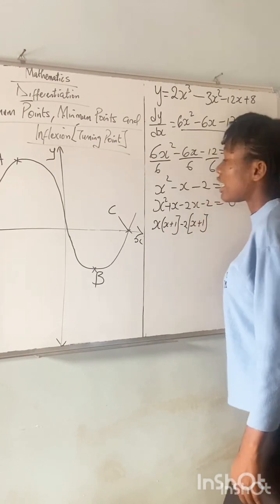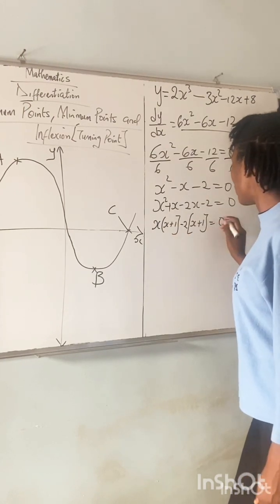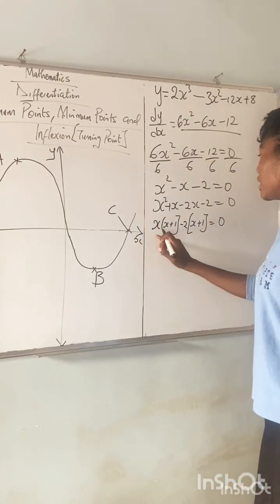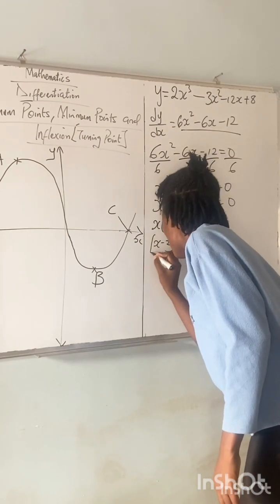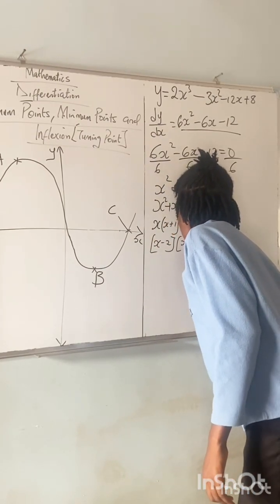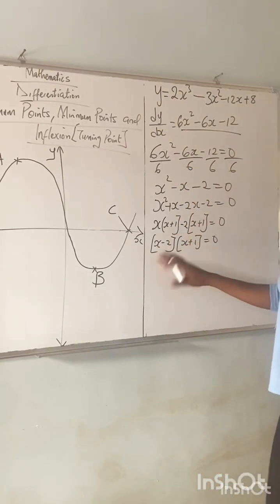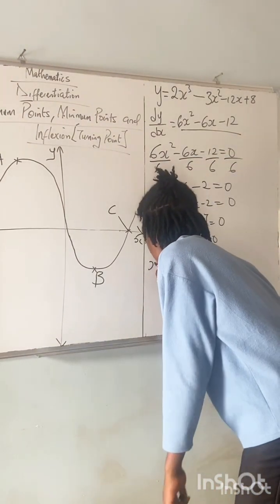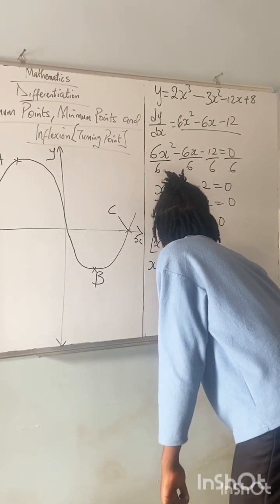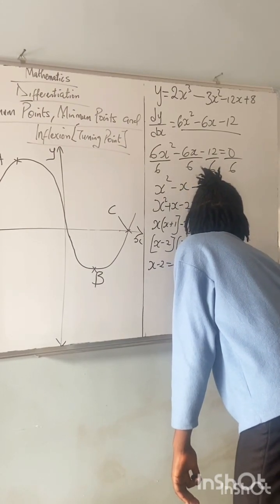So this proves that our factors were correct, in that what we have in our bracket must be the same. Mind you, it is equal to 0. And then we'll solve. So we have x minus 2 times x plus 1 equal to 0. For this multiplication, like I said, it means one of the factors must be 0. So we'll be assuming that either x minus 2 is equal to 0 or x plus 1 is equal to 0.